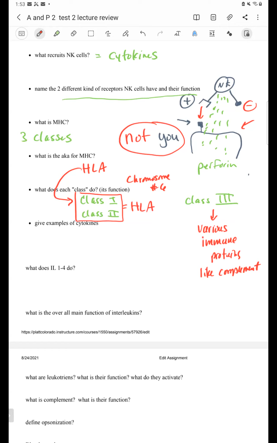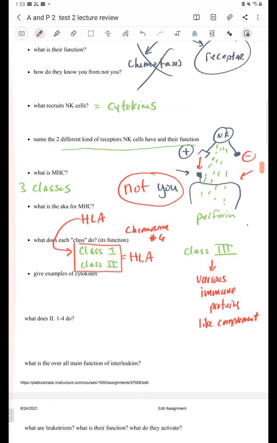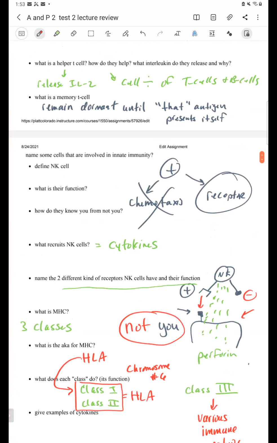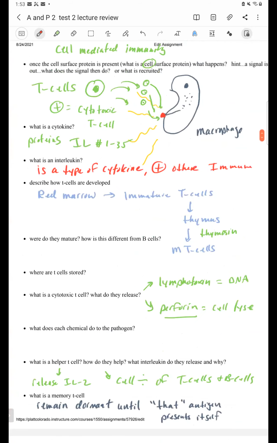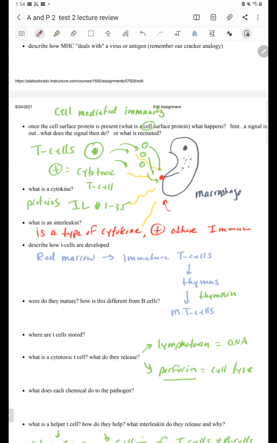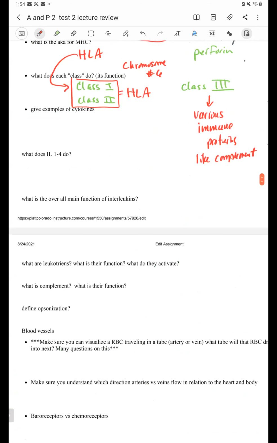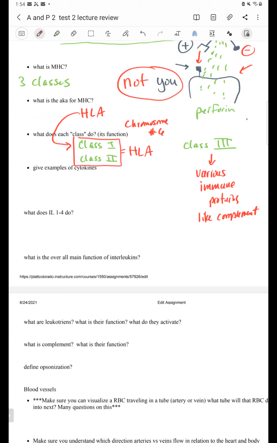Your T cells will come in and destroy, and that is what we did up here. So that's part of Class 2. And then Class 3 is the activation of various other proteins like your complement and some cytokines.